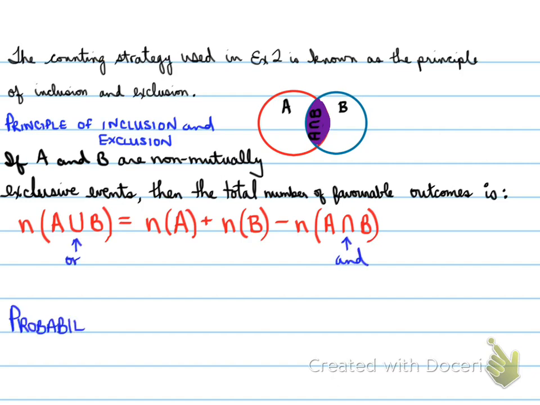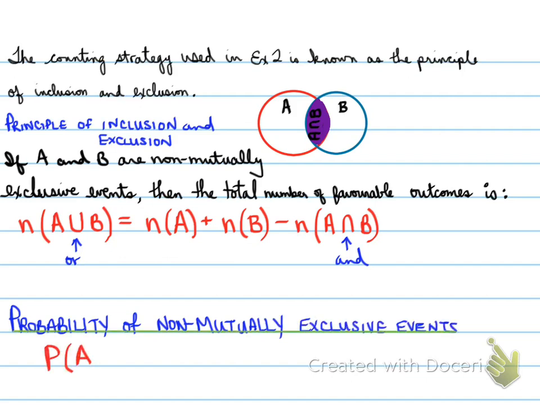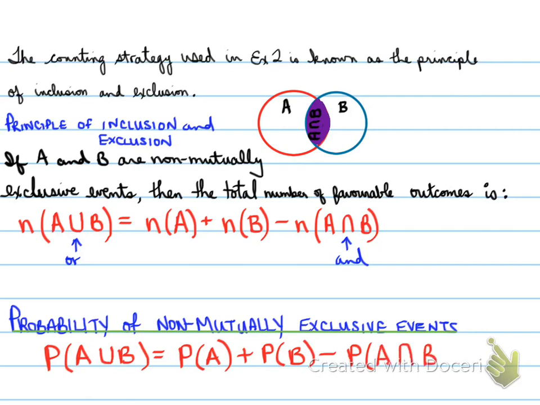So, the probability of non-mutually exclusive events is: the probability of A or B equals the probability of A plus the probability of B minus the probability of A and B occurring. So again, remember that N means the number of possible outcomes, and P would stand for the probability of possible outcomes. Moving forwards.